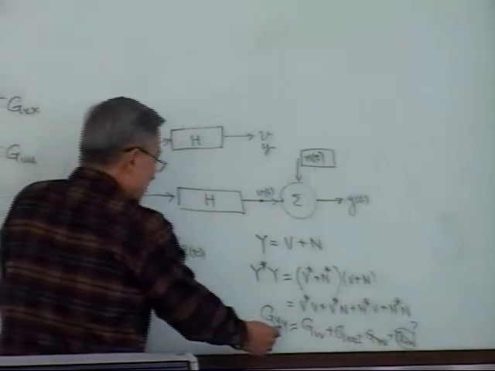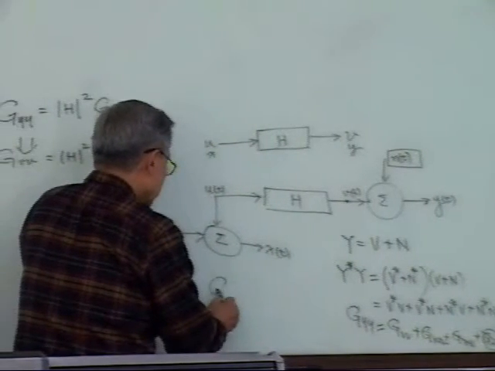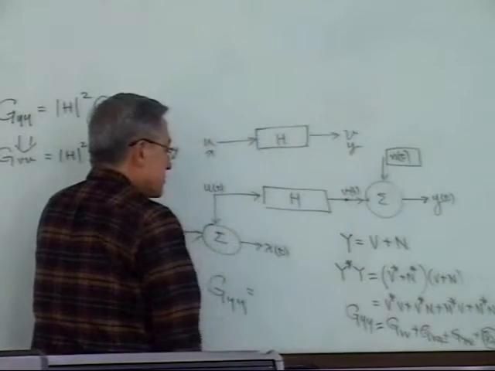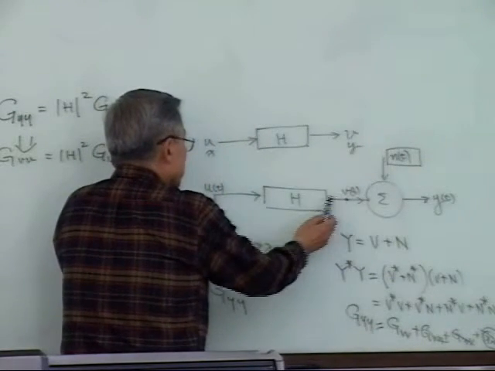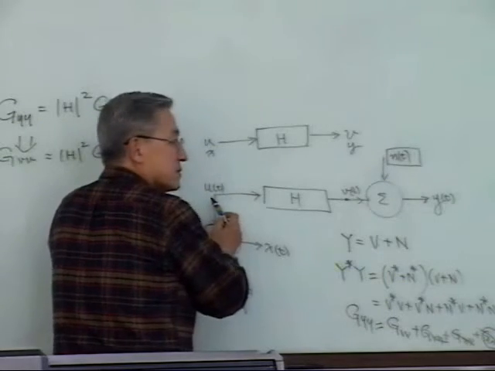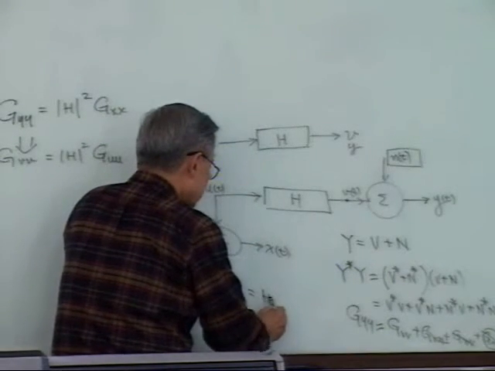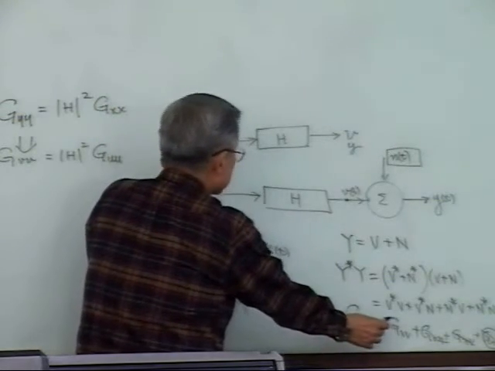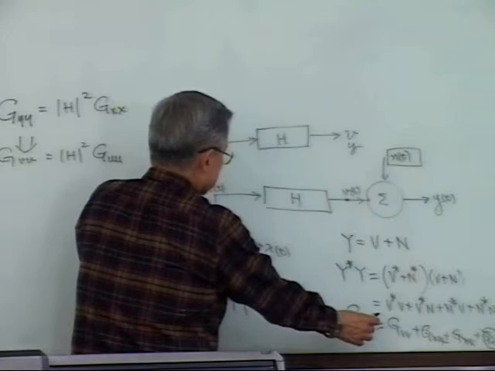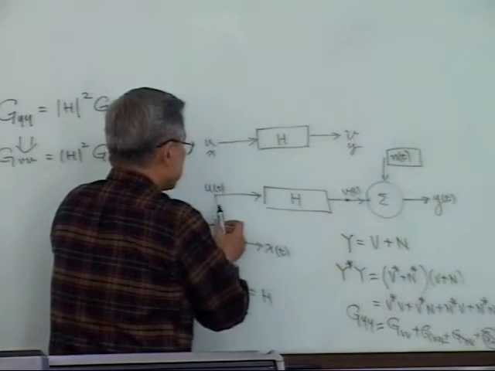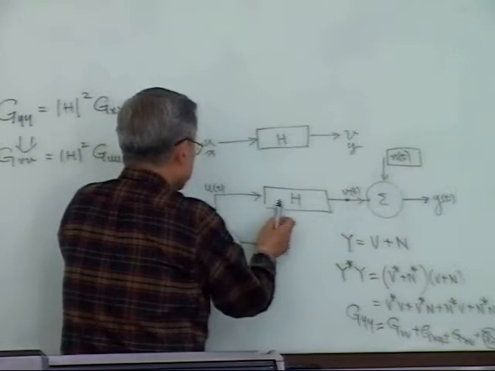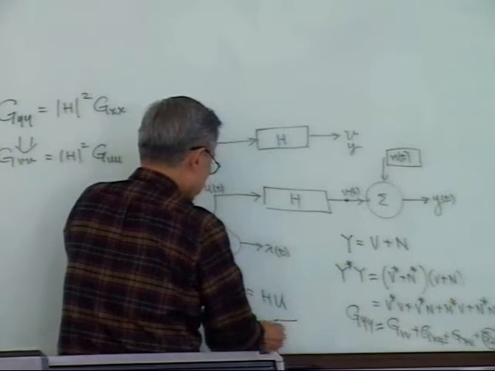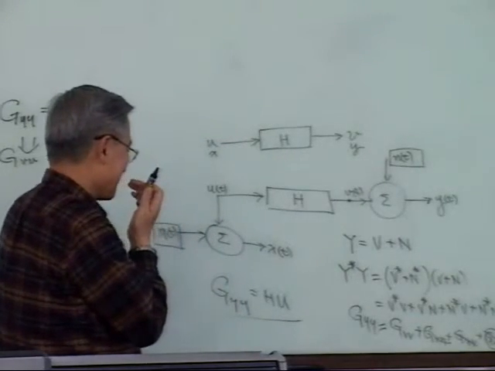Then now GYY is equal to GVV. So in this diagram, GVV is H times U. So a little bit concerned here.